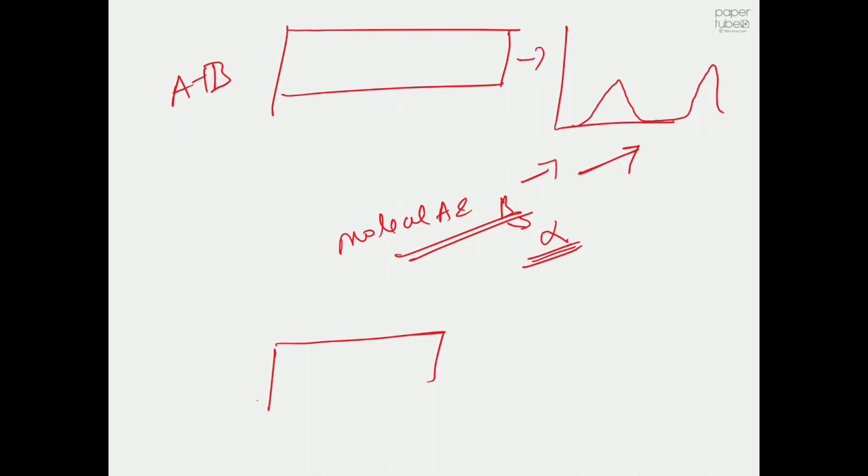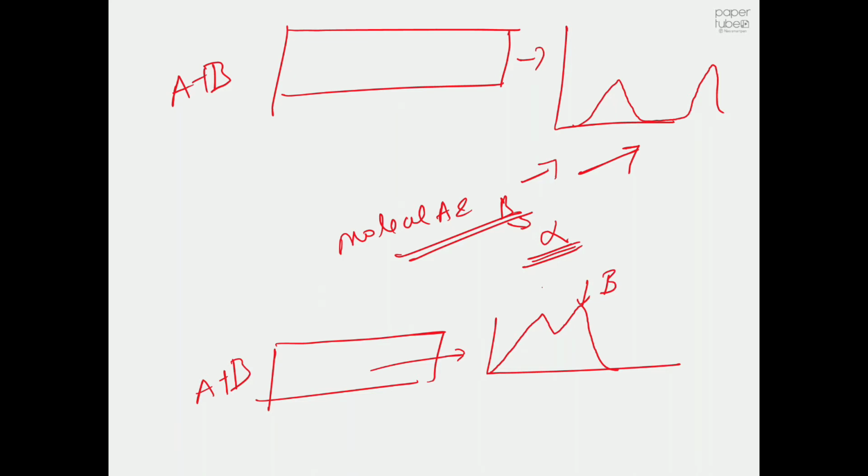Or if we take something like A plus B, and when they elute close to each other, you have some clear separation of B here, then here you have some A, and somewhere here you have a mixture of A plus B. So what does that state?